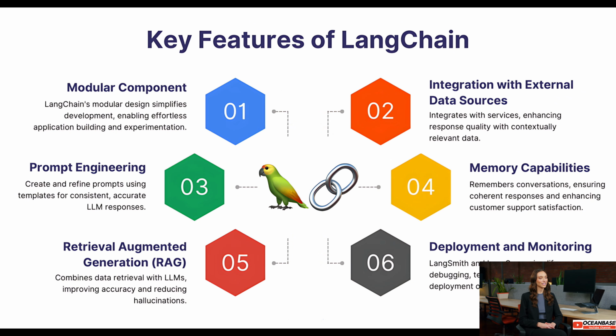LangChain also makes it easy to build RAG pipelines, that's Retrieval-Augmented Generation, where it searches for relevant content before calling the language model. It even supports memory, so your app can remember what was said earlier and hold context across multiple turns. And finally, it offers tools for deployment and monitoring, making it easier to go from prototype to production.